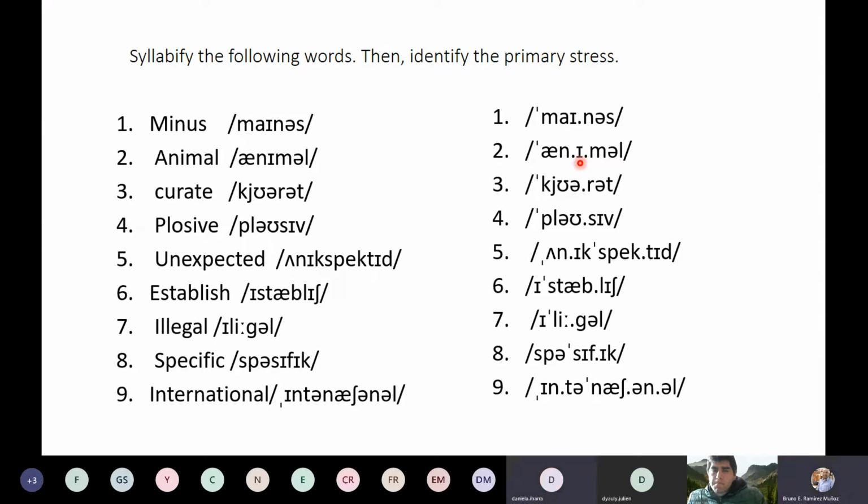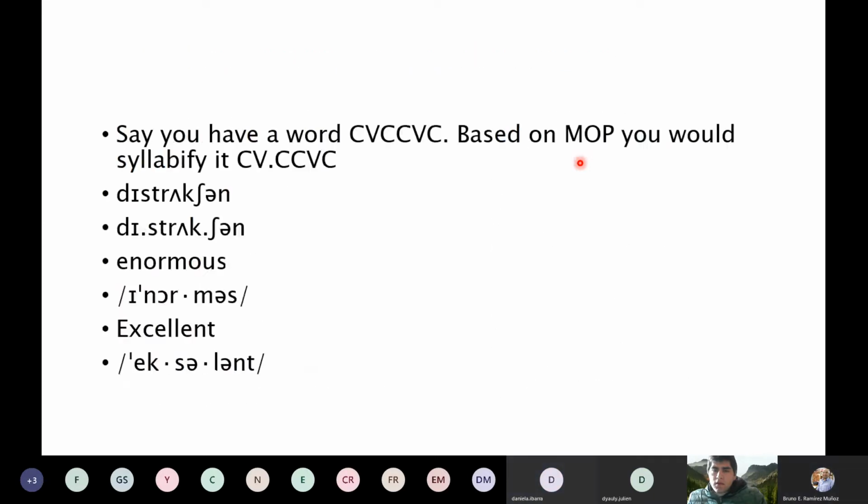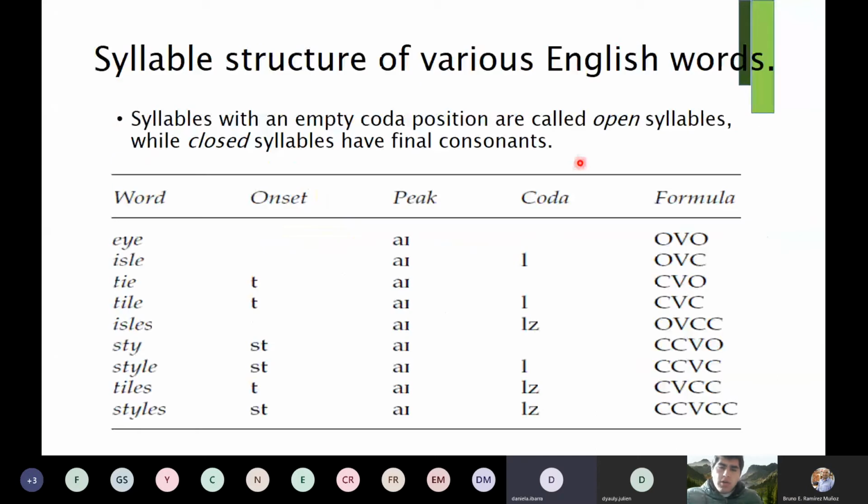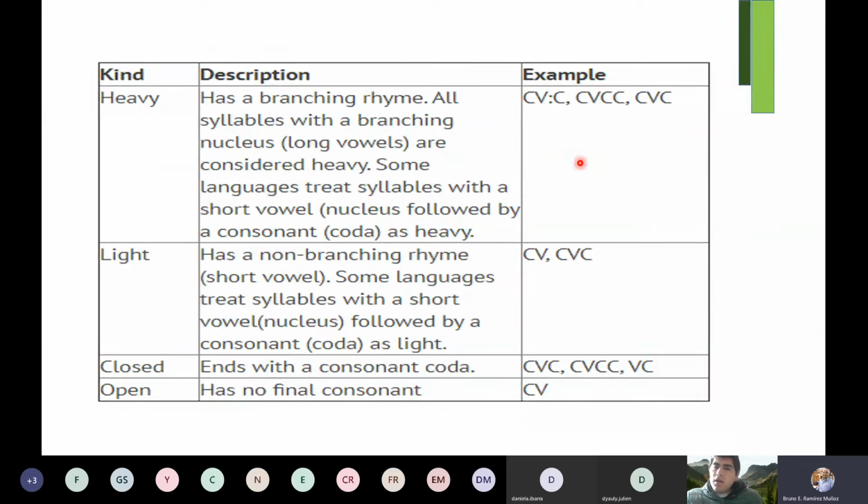No, not for me. Excuse me, teacher, could you repeat, please? Yes. Let me show you a slide. It says heavy, light, closed, and open. So I can tell you about this and see if you are familiar with these concepts. All right.